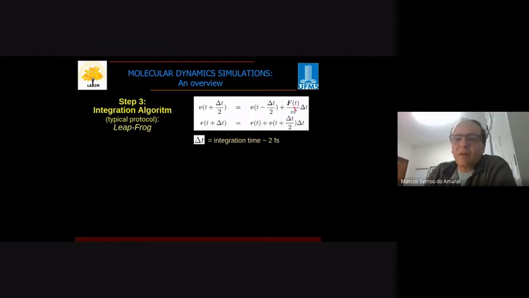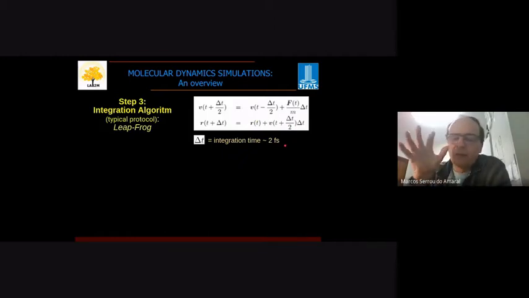Using this, I can get the new velocities for all atoms in the system, and after that, in this step, I can get the new positions. I take the positions that I have, the new velocity that I got in the first equation, and delta t.